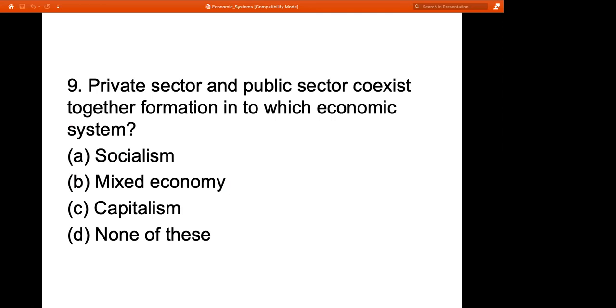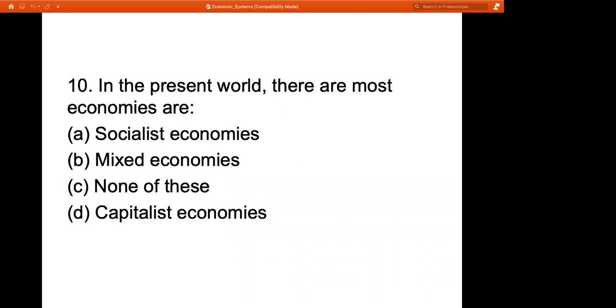Private sector and public sector coexist together in which economic system? So the answer to this question is mixed economy. It is a blend of socialism and capitalism. In the present world, most economies are mixed economies, and these are also democratic economies.